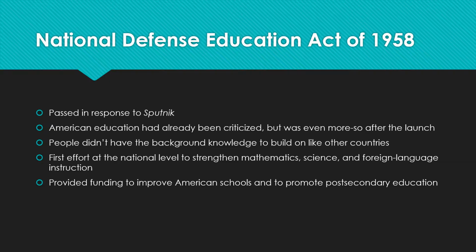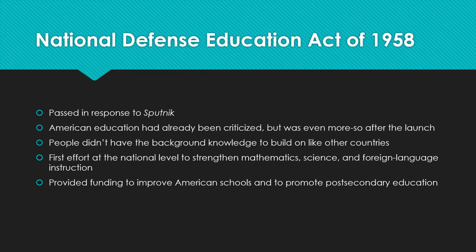Next, we have the National Defense Education Act of 1958. This was passed in response to Sputnik. So the American education system had already been criticized due to how ill-equipped our students were coming out of high school and how unprepared they were going into post-secondary education, so college or anything after high school.